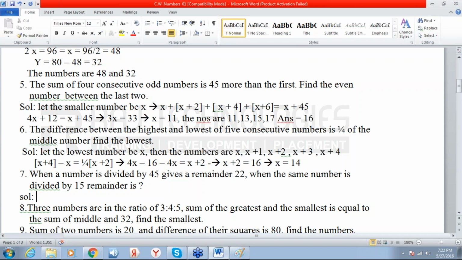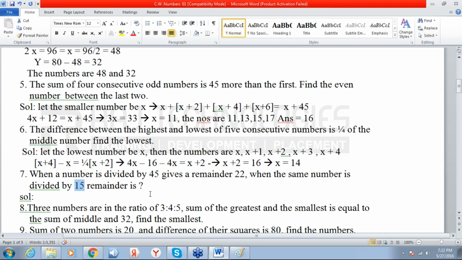What is the procedure? First of all, there are two divisors: 45 and 15.